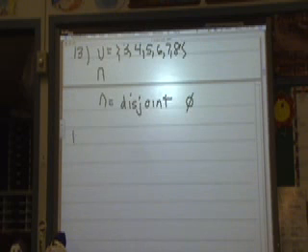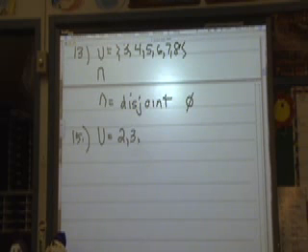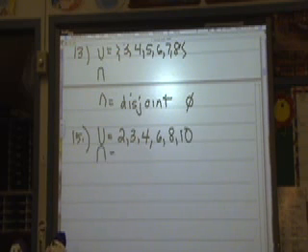Okay, 15, union. Nicholas? 2, 3, 4, 6, 8, and 10. The intersection, what do they have in common?